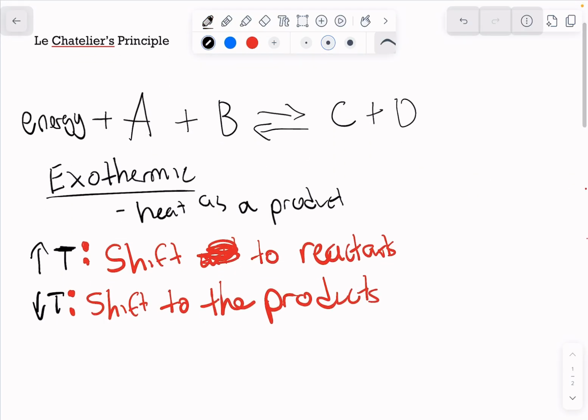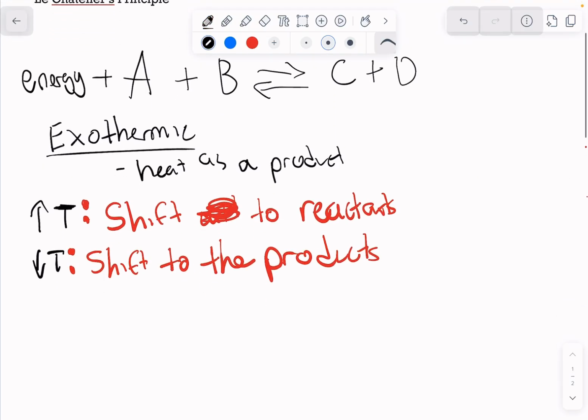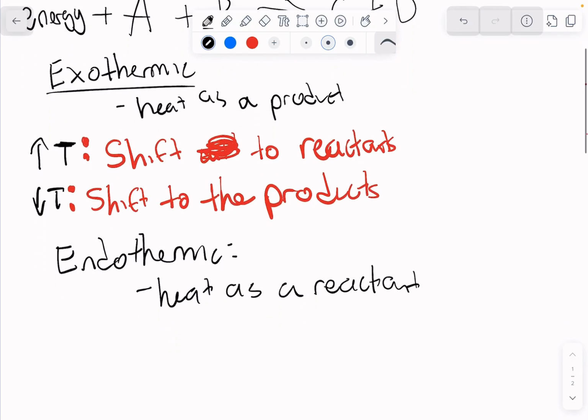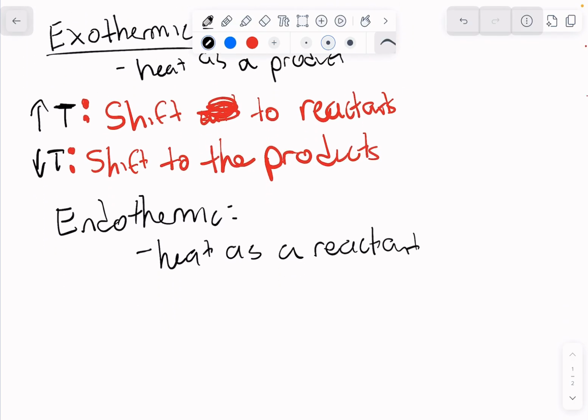Now, what if the reaction was endothermic, like we have right here? Well, we can think of heat in this case as a reactant. So, think back to our basic knowledge of Le Chatelier's principle. When we increase a reactant, in this case the temperature, what will happen?